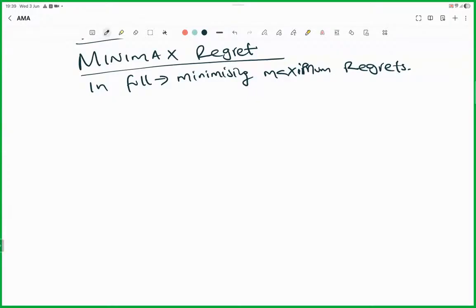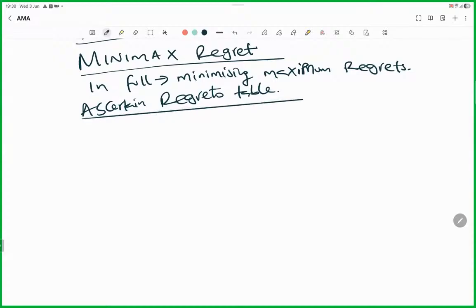So step number 1, you must ascertain a regrets table. You must give us what we call a regrets table. Give us a regrets table. So come here and give us a regrets table.